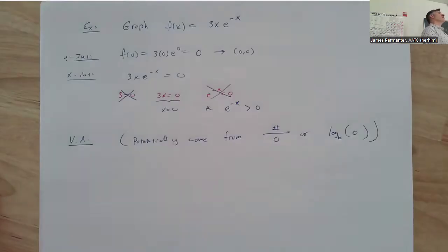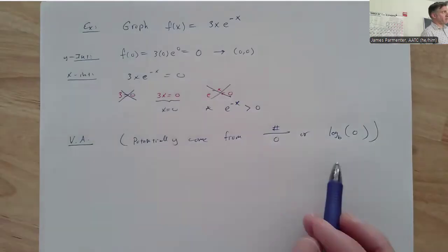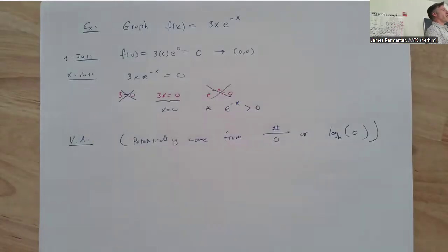I don't think so. No, that's it. Those are the only ways to get vertical asymptotes. You either have to be dividing by 0 or taking a log of 0. And sometimes not even then. If you come up with something else, let me know. I don't think I missed anything, but I would be happy to be wrong.